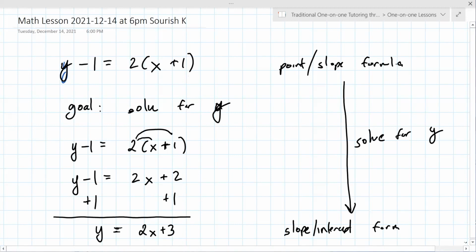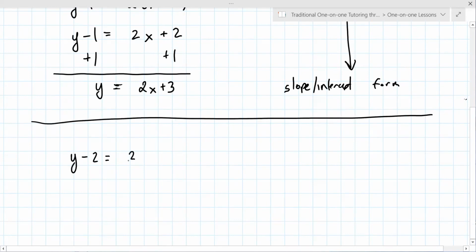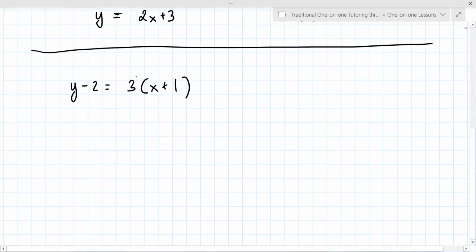Okay. So let me give you one here to try. Let's go y minus 2 equals 3 times x plus 1. So the first thing you're going to do here is distribute this 3 to both of these.